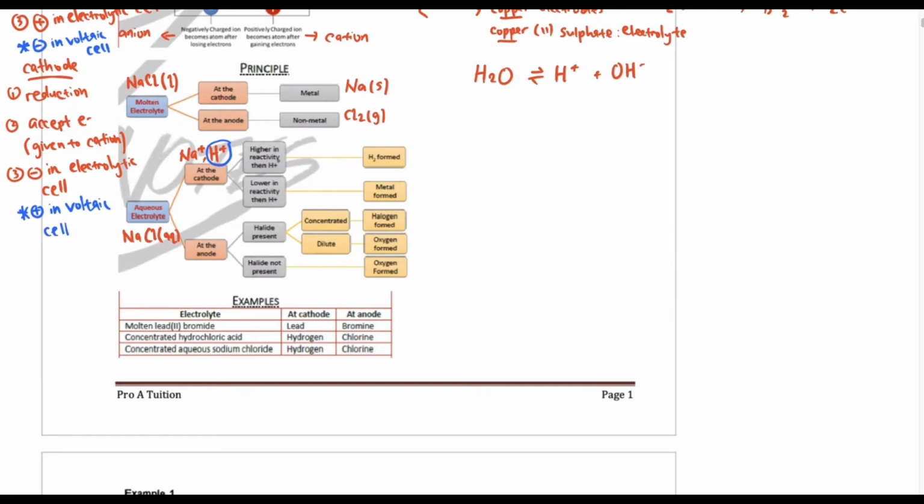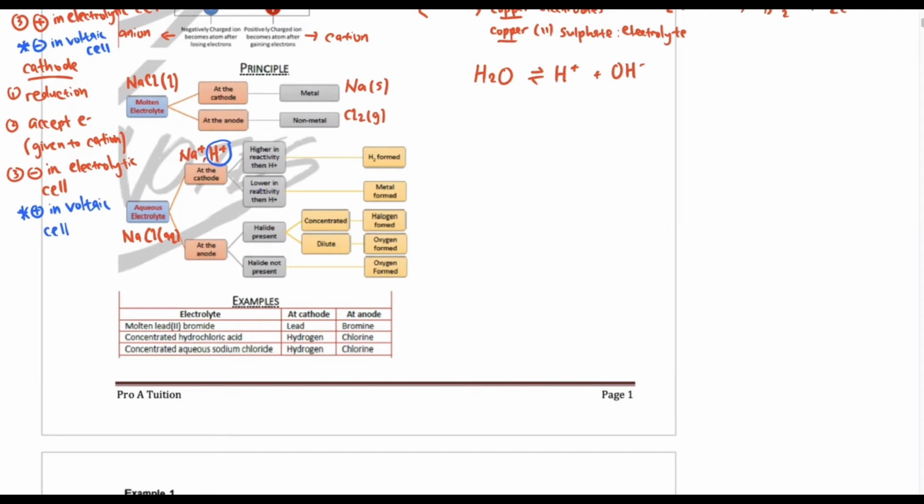Okay. Now, how did the notes say it? You see, they said it in a slightly different way, but the concept is just the same. Aqueous, we always have a metal ion together with H+. The metal ions can be more reactive than H+ or can be less reactive than H+. More reactive means they stay at a higher position in the electrochemical series.